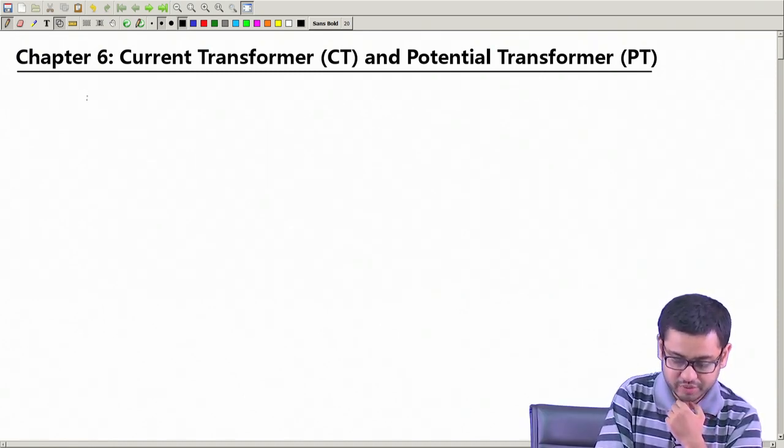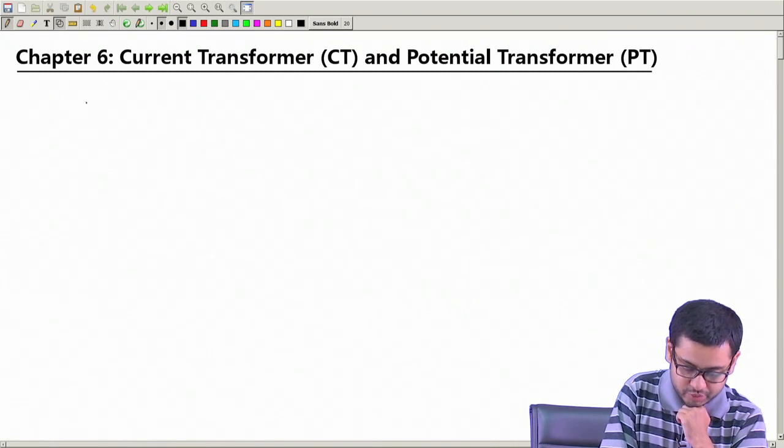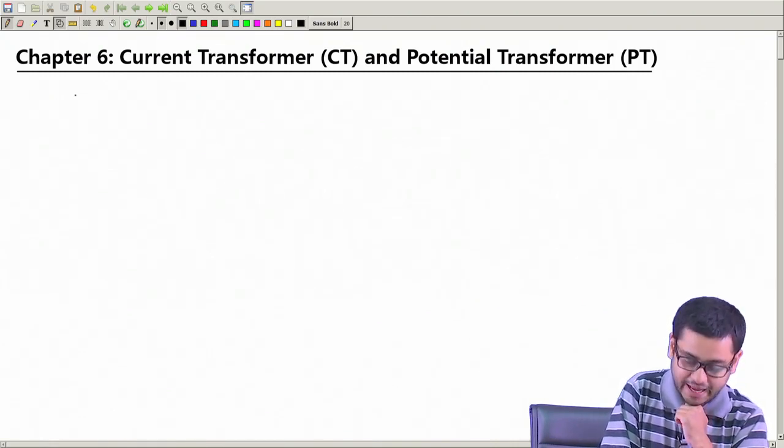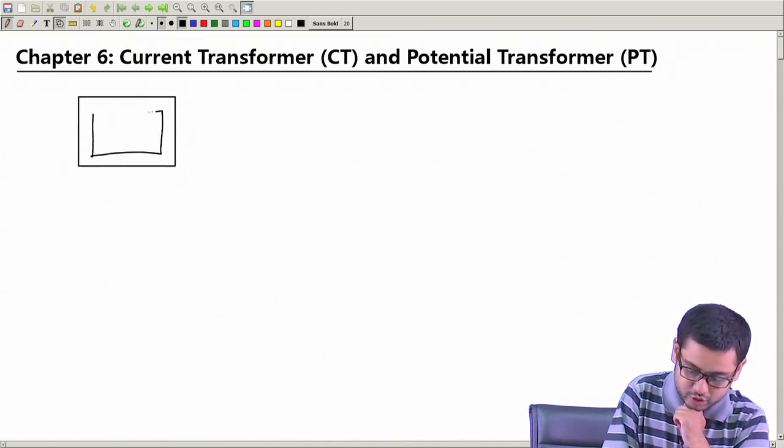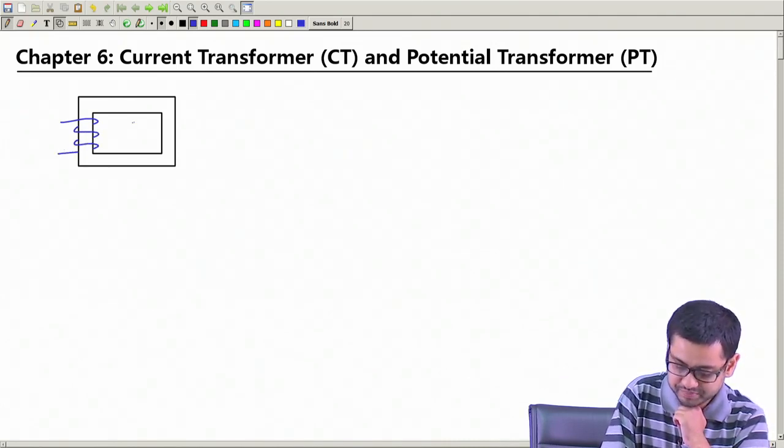Now, what is a transformer? An ideal transformer basically has a magnetic core and we have a couple of coils, two coils wound on top of it.